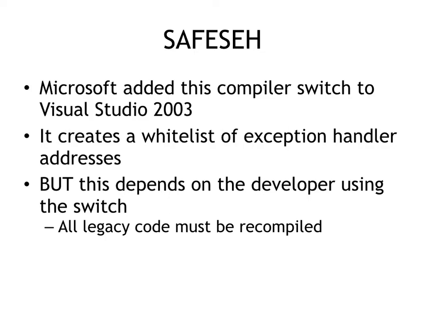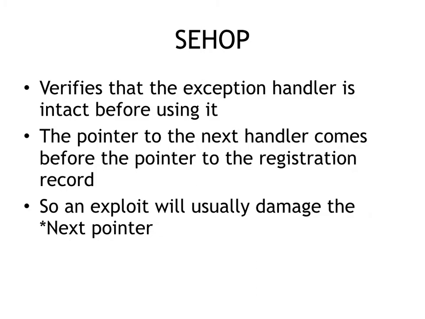This has a list that just says only these values are available for exception handlers, which makes a lot of sense. I mean, there's only maybe 50 exception handlers in your system, so those ought to be the only allowed addresses. You shouldn't be allowed to have any other exception handlers, and that's the plan. So modern code that was compiled with this switch will not let you change the exception handlers. It's built into the code from the start, what exception handler is allowed.